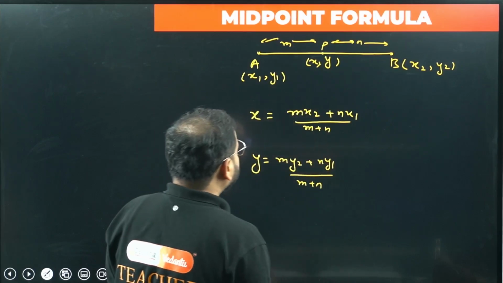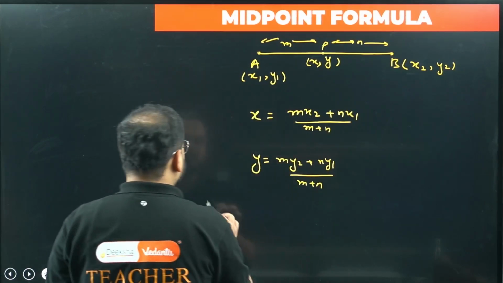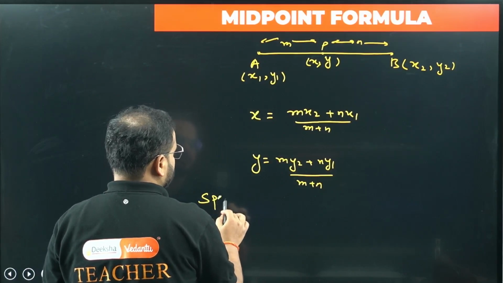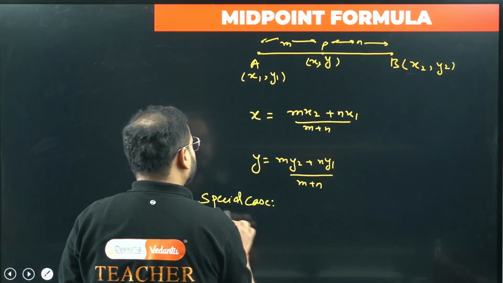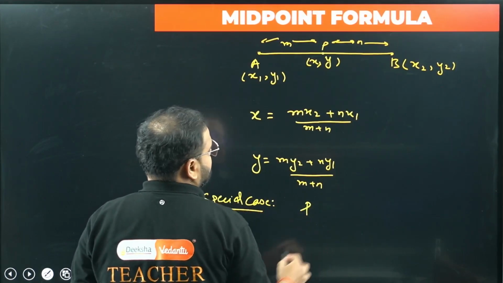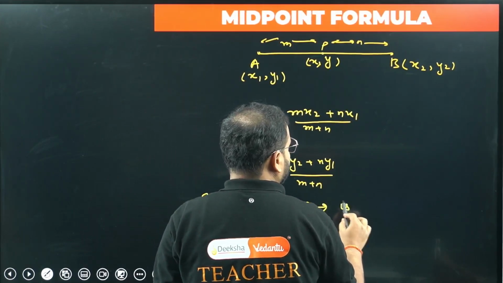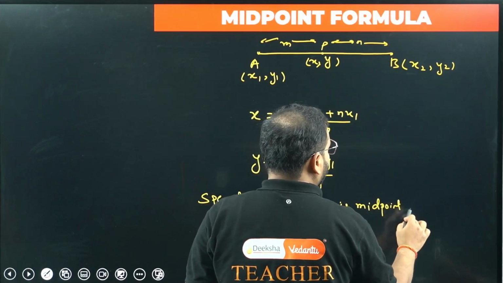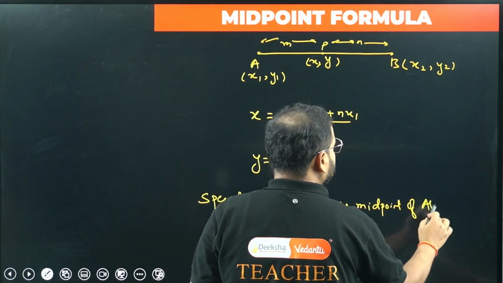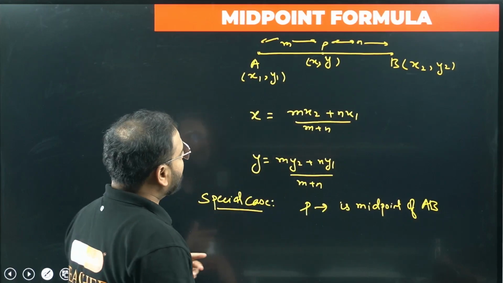Now this is a special case, where the point P is the midpoint of the line AB. What happens then?